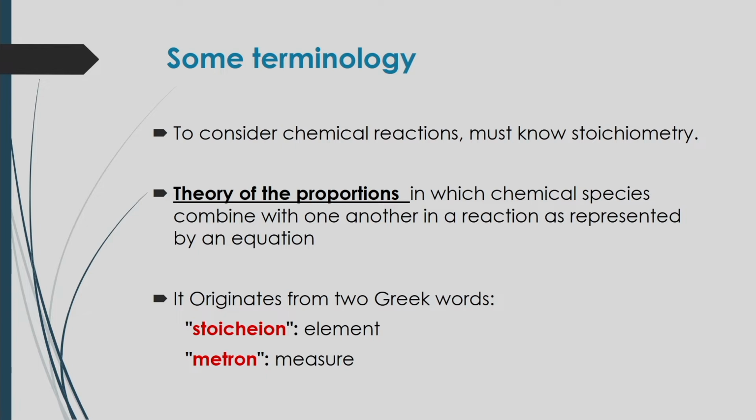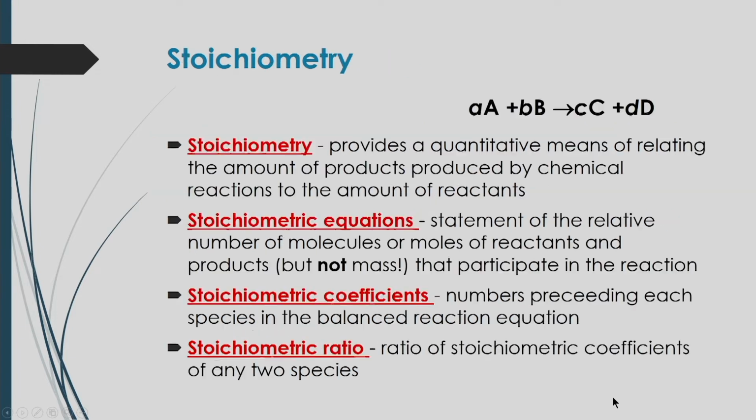And actually this concept of the reaction equation with stoichiometry generally originates from two Greek words, stoichein, that is called element, and metron, that is called measure. So, based on this stoichiometry is coming.